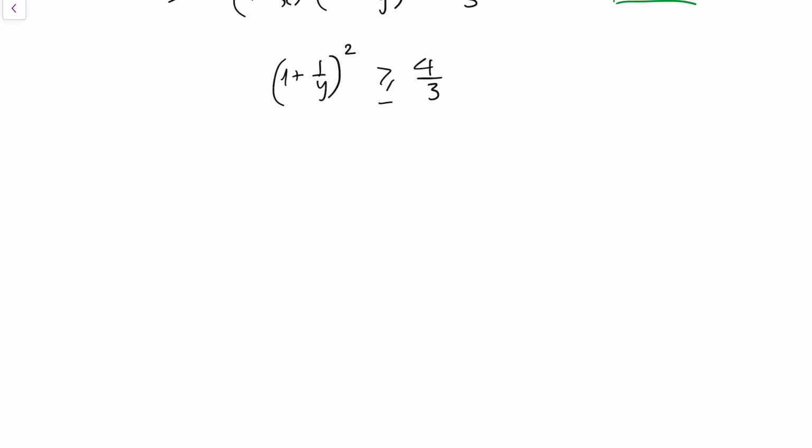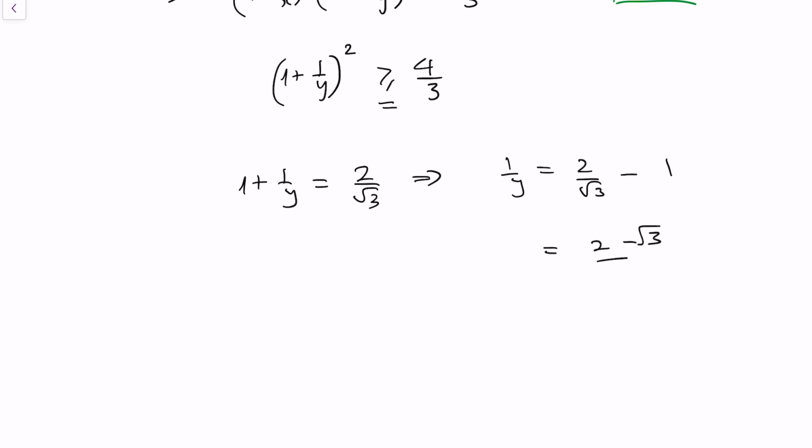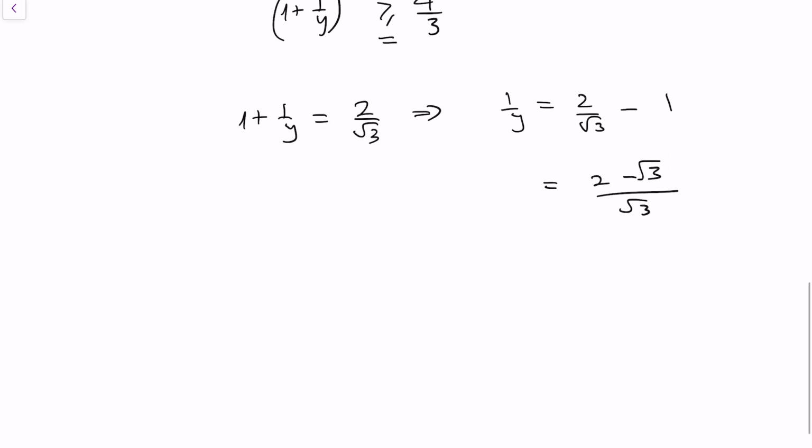Let's say we're looking at the case when the left-hand side is equal to the right-hand side, then we will have 1 plus 1 over y is equal to, we're only considering the positive solution, 2 over root 3. So that implies 1 over y is equal to 2 over root 3 minus 1, which is equal to 2 minus root 3 over root 3. So we have y is equal to root 3 over 2 minus root 3.